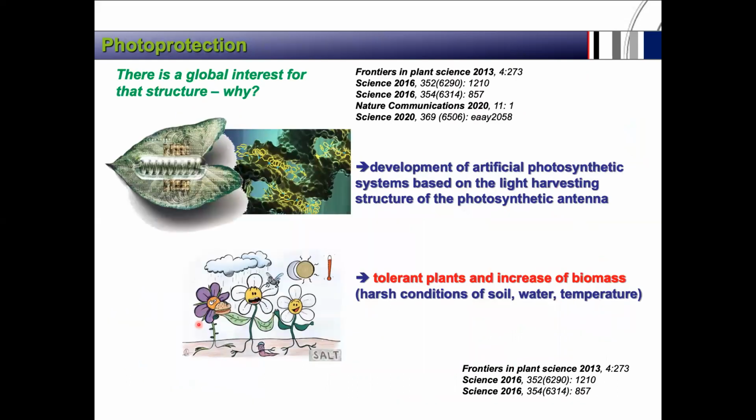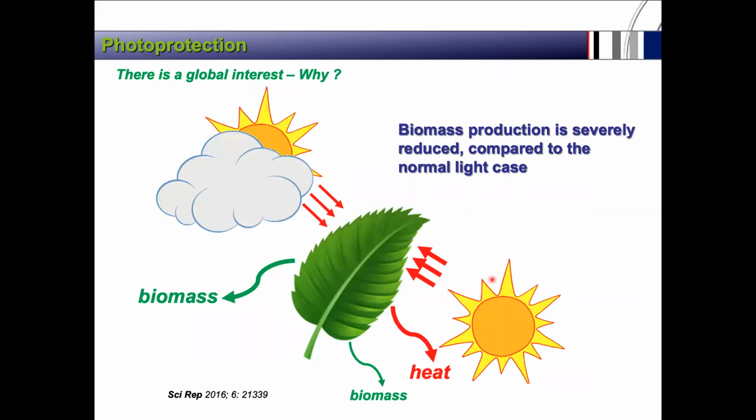We're interested in this structure, and there is a global interest for that structure because it can lead to the development of artificial photosynthetic systems, as well as tolerant plants and the increase of biomass under harsh conditions of soil, water, and temperature. Especially for the latter, we know that the biomass production under photoprotection, under excess light, is severely reduced, and a lot of this energy is dissipated as heat and lost, whereas in normal conditions, the biomass production is increased.